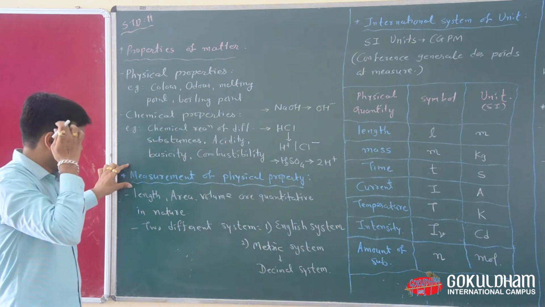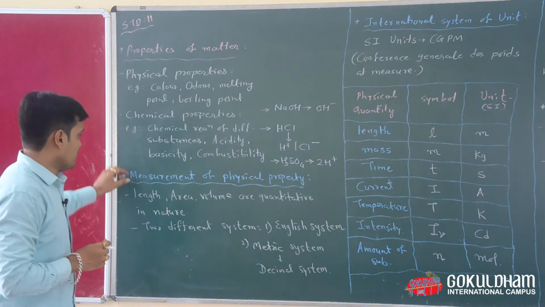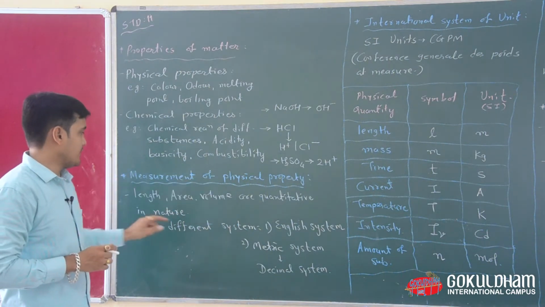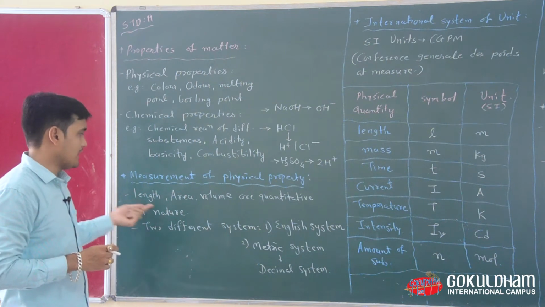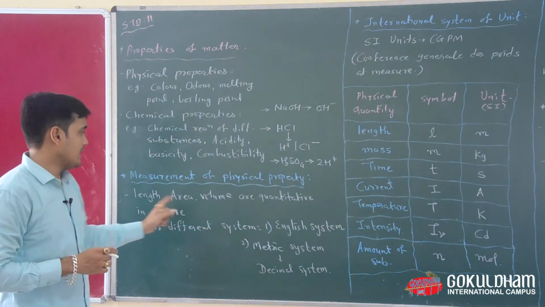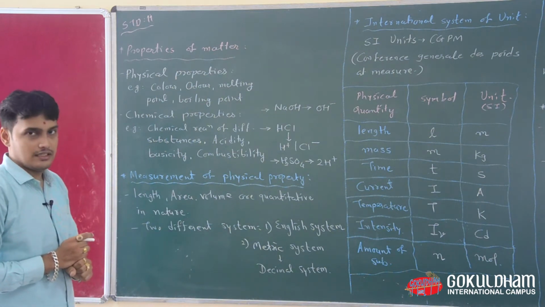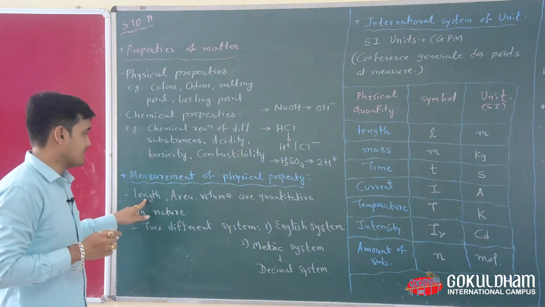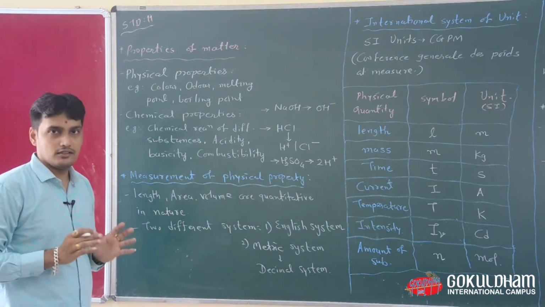Our second topic is measurement of physical property. In this area we will discuss length, area, volume, and these three are quantitative in nature. Length, area and volume have different units.